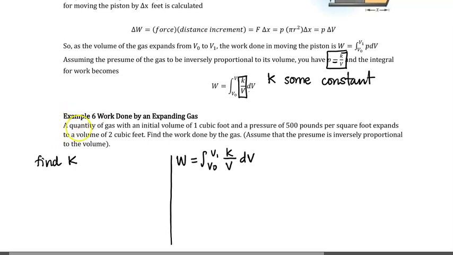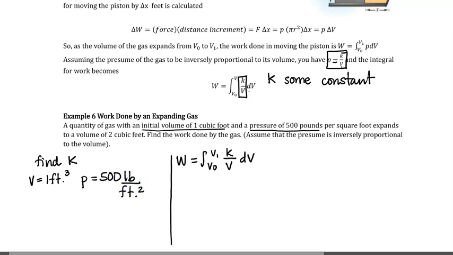So there should be some information in the problem that tells us what is the pressure and the volume at some time. So when we read this, the first sentence, a quantity of gas with an initial volume of 1 cubic foot and a pressure of 500 pounds per square foot expands. So we know that the volume is 1 cubic foot, pressure, 500 pounds per square foot.